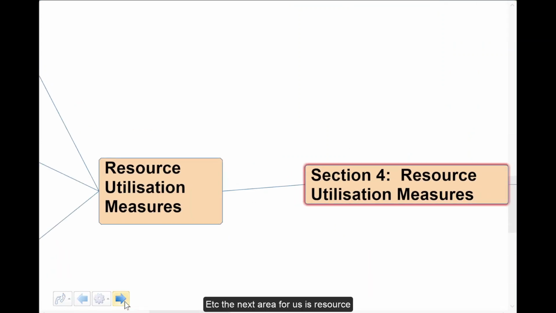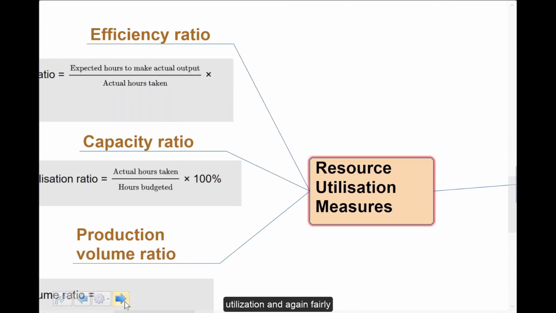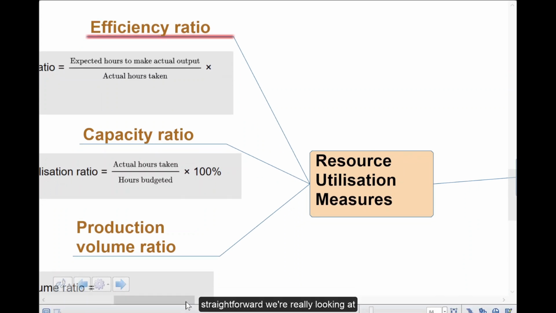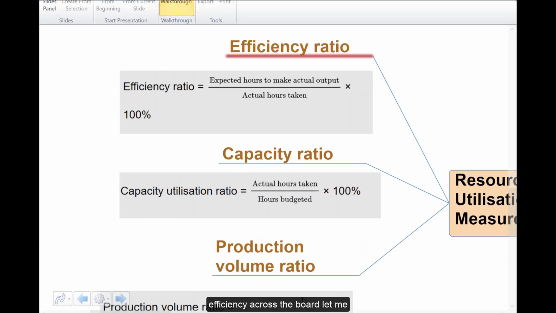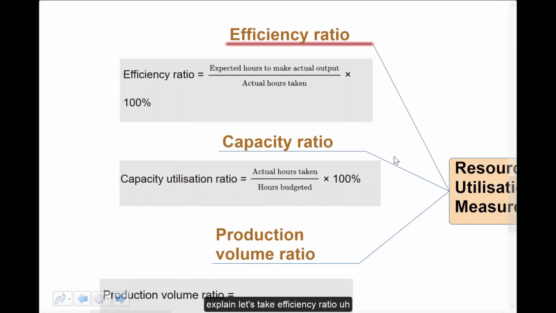The next area for us is resource utilization. And again, fairly straightforward. We're really looking at efficiency across the board. Let me explain. Let's take the efficiency ratio in itself. Let's just say that we're producing a particular output in some way.